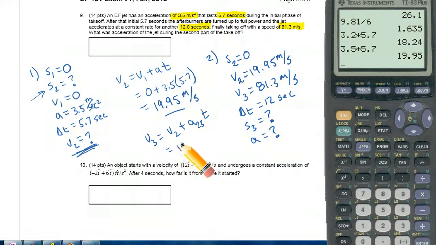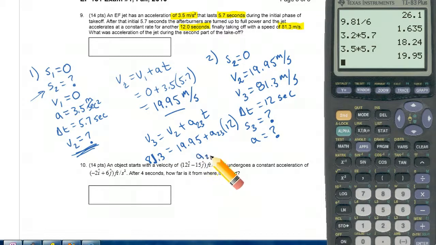Okay, so that's our 19.95, 81.3, plus A23 times 12.